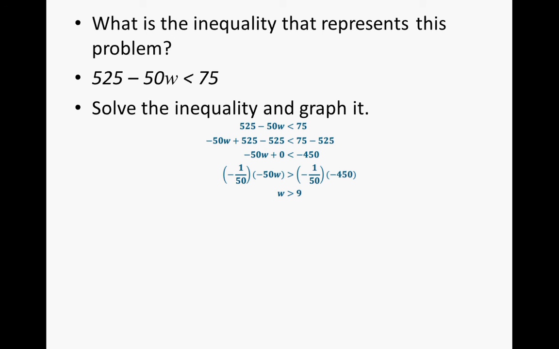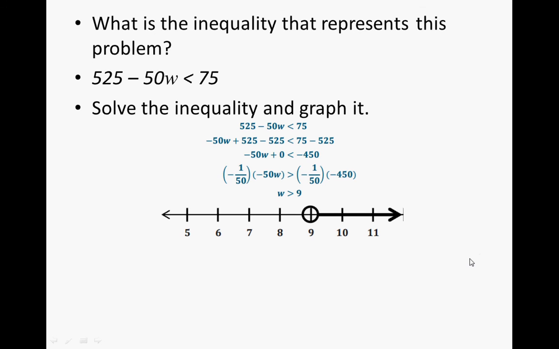In order to isolate W, we would multiply by the reciprocal of negative 50, which is negative 1 over 50. Notice what happens when we multiply by a negative number or divide by a negative number. Notice how our inequality changes. So W is going to be greater than 9 weeks.